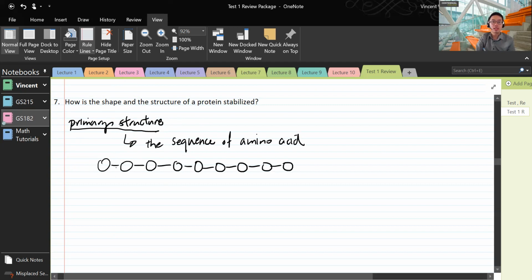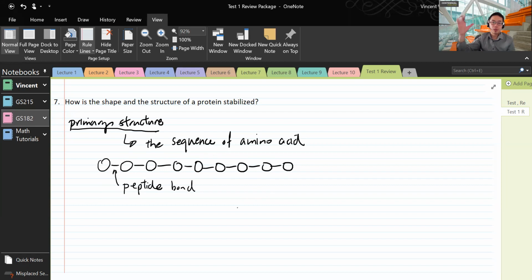And what holds it together? Well, I told you before, it is the peptide bond, which is a type of covalent bond, sharing of electrons. These peptide bonds cannot be broken by heat. Now listen carefully. If you heat up a protein or an enzyme, high temperatures will affect its secondary, tertiary, and quaternary structure.